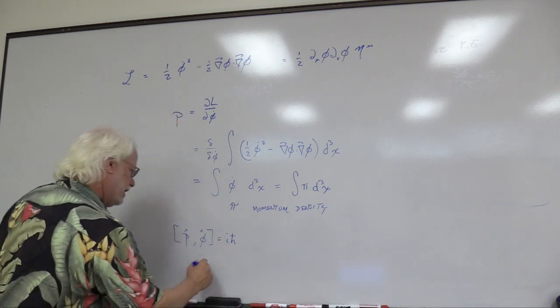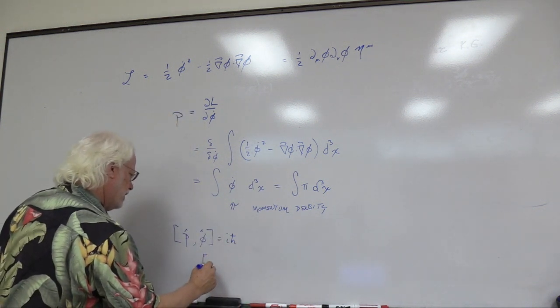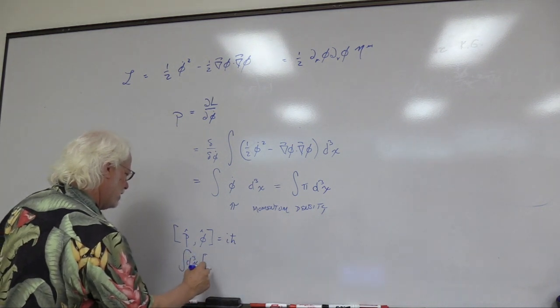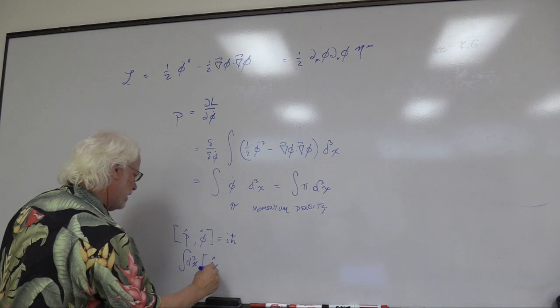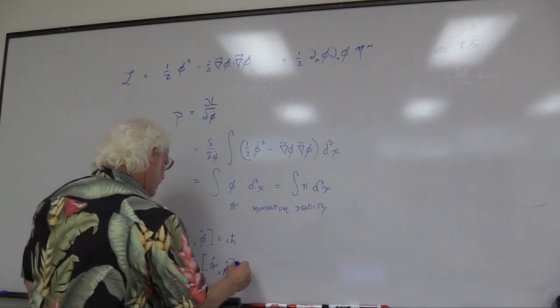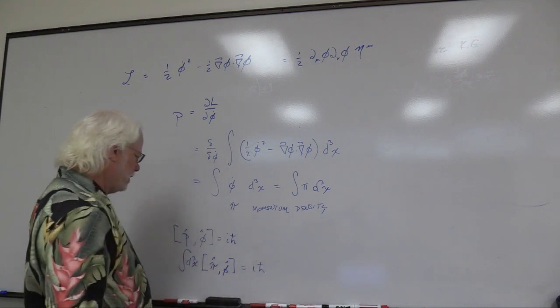But when we put in the density here, we have now the integral d3x of pi, which becomes an operator, with phi, which is an operator. And that needs to be i h bar.